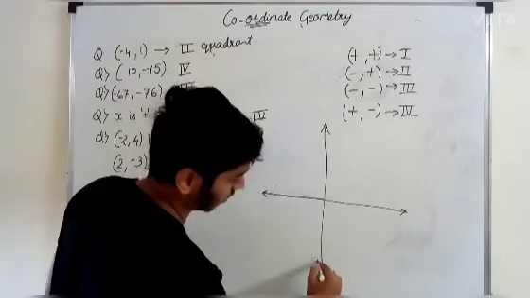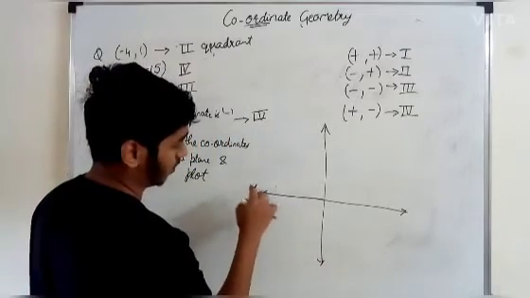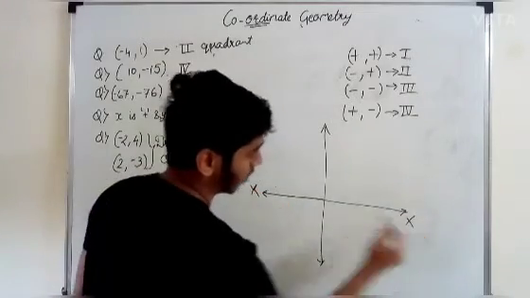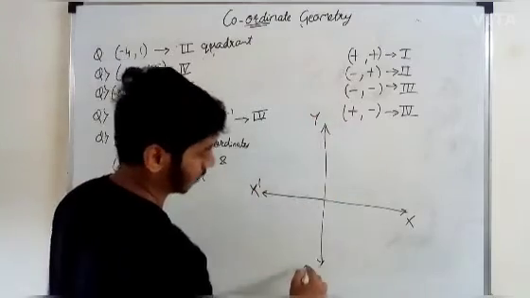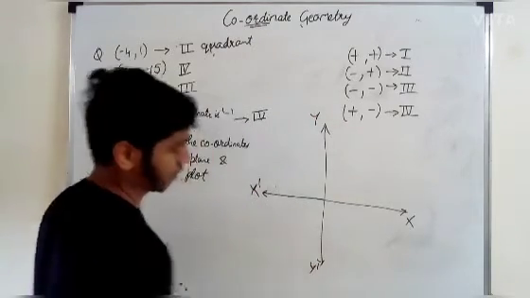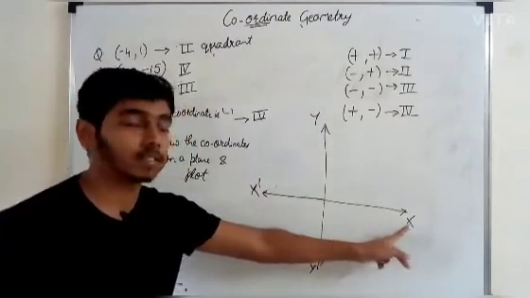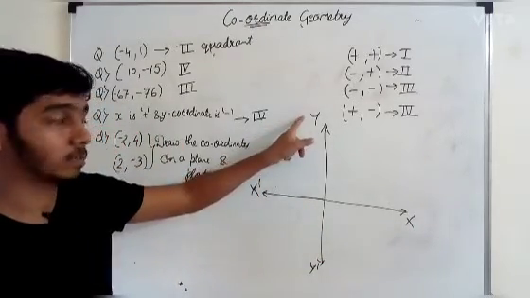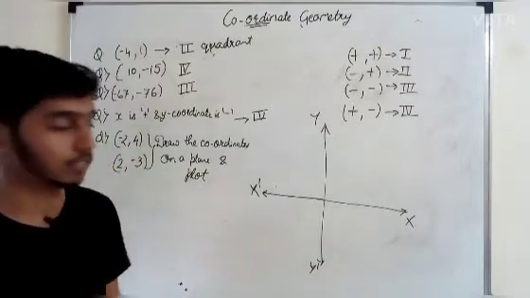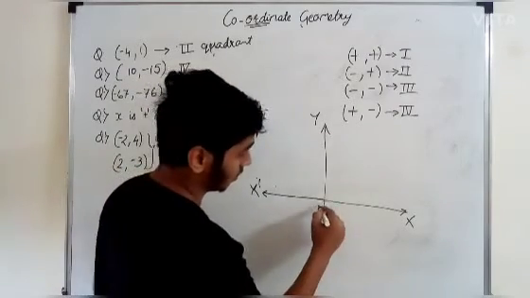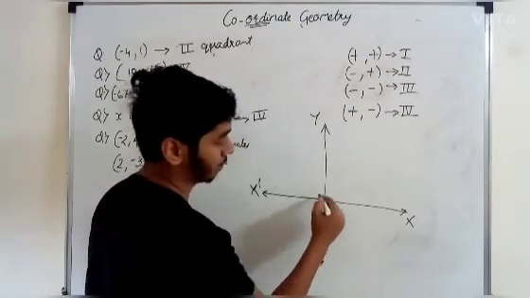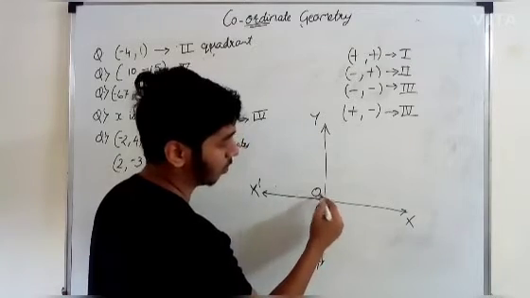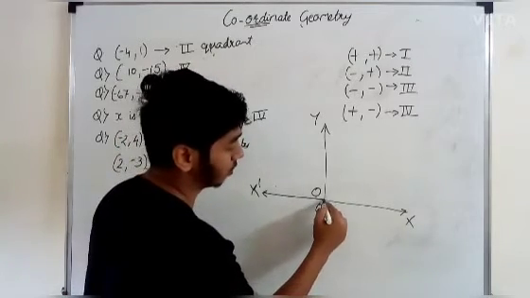Okay, the positive part of x is x and the negative part is x dash, the positive part of y is y and the negative part is y dash. This is the origin, you can name it O, and this starts with 0.